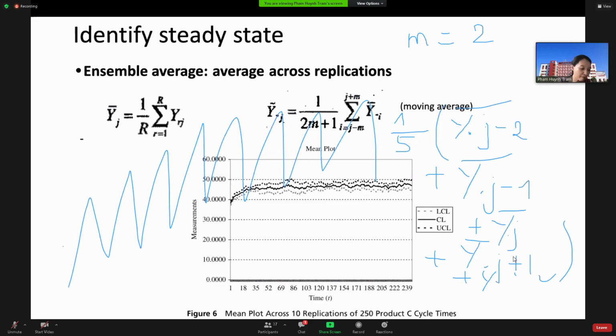But if we are able to smooth it, like the graph we have here, then it is easier for us to see when the output becomes more stable. So this is one way to identify the steady state by using the ensemble average.